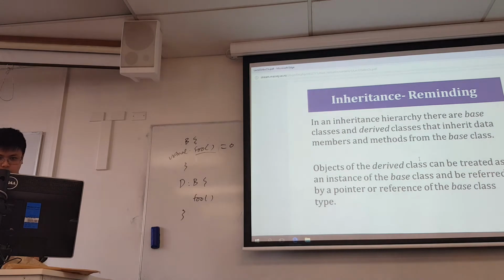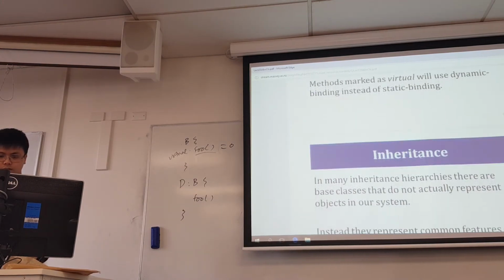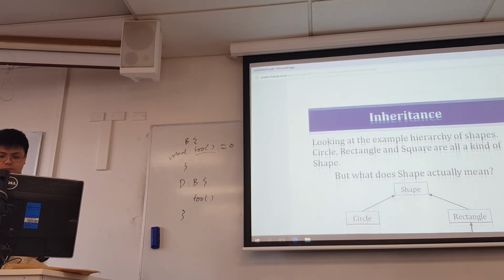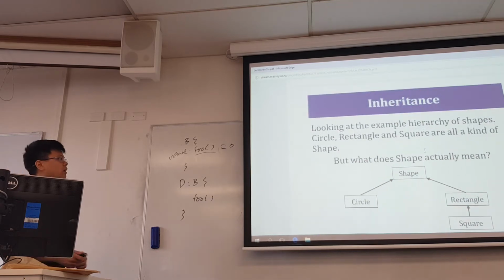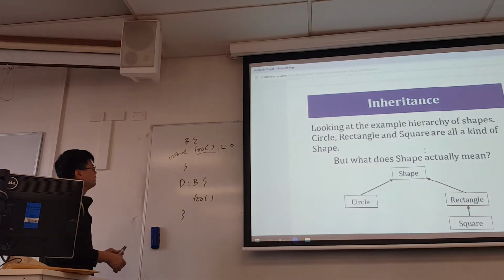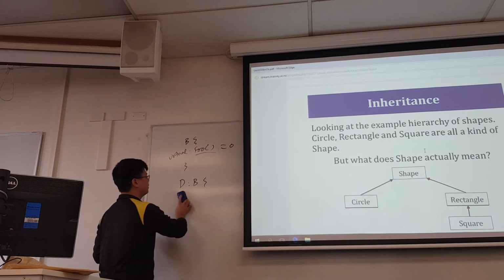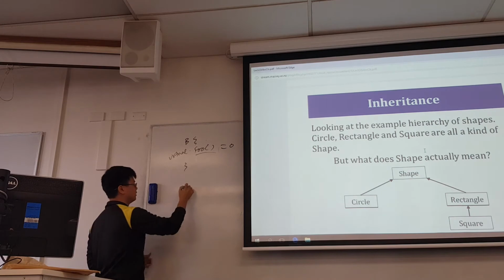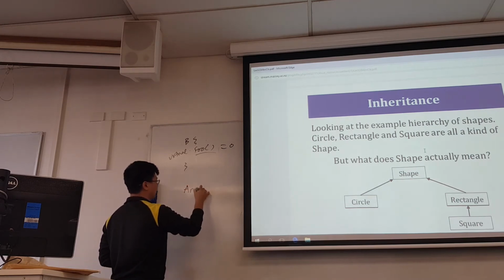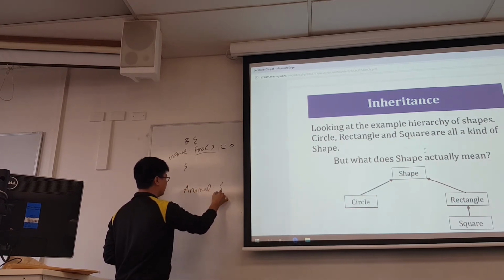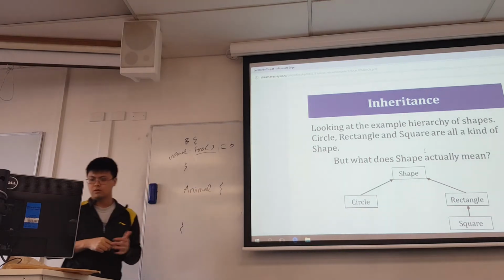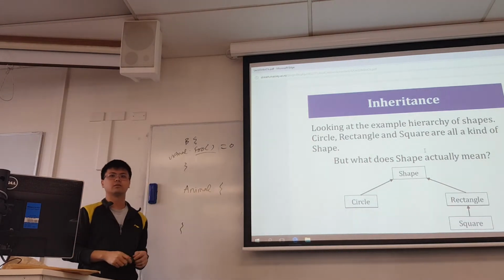Let's see what we have here. So, inheritance. Now, in terms of semantics, sometimes it makes sense to make something abstract. Right? When we have an animal, animal can be anything. So when you say I have an animal in my house, what does that mean?